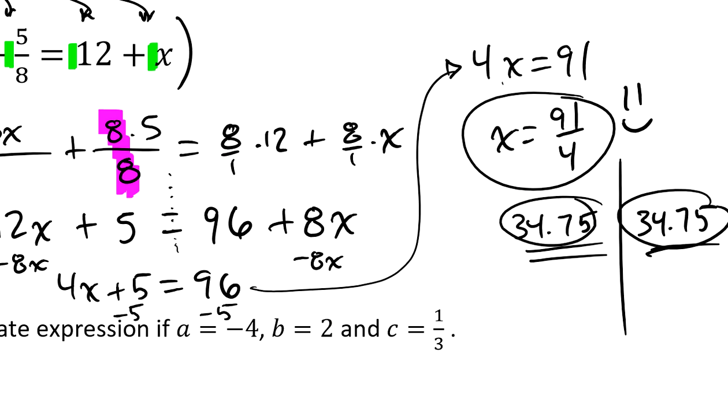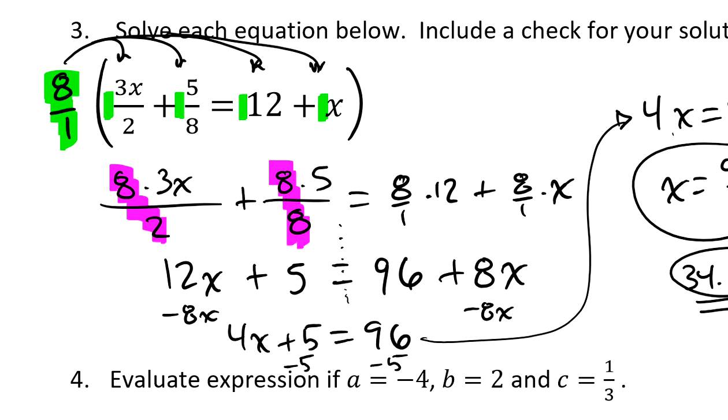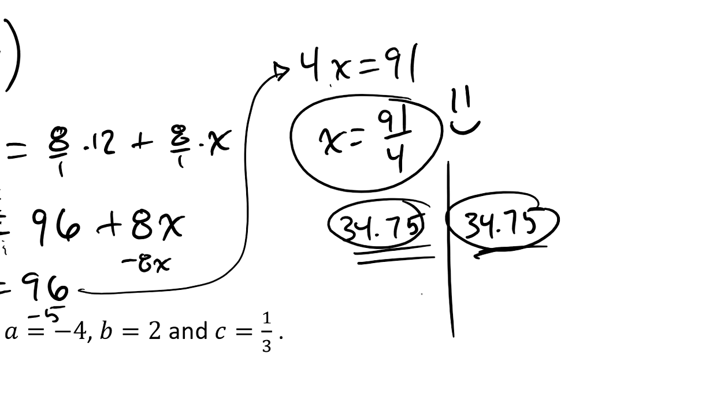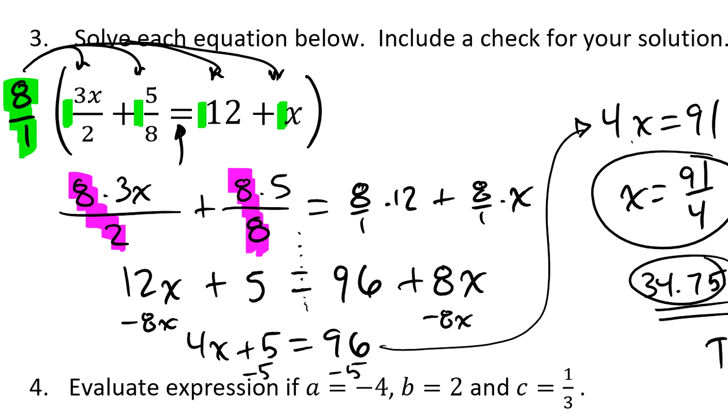And that's what a solution is, right? A solution is a value of x that's going to make this true. It's going to make these really equal to each other. And yeah, it is making it true, right? It's definitely making both the left and the right hand side equal to 34.75. It's making them equal to each other. So that's the solution for number 3.